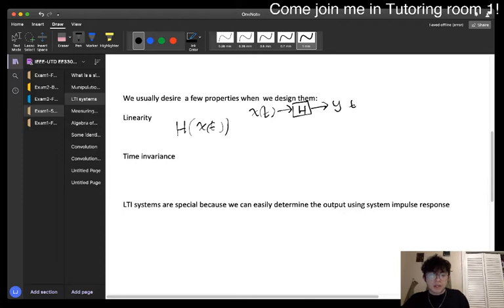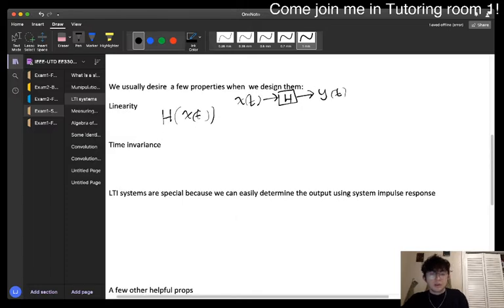But if a system is linear, then if we put in a sum of two different input signals, we'll get the sum of outputs.